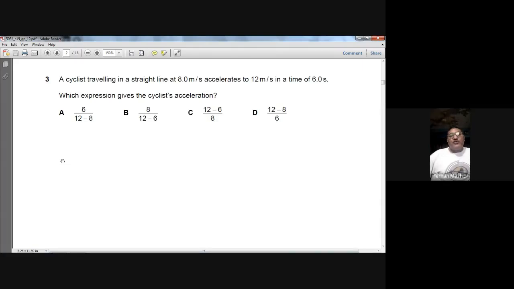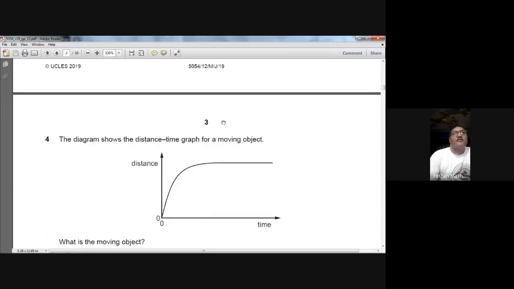Final velocity is 12 minus initial velocity, that's 8, divided by time, that's 6. So it will be (12 minus 8) divided by 6. So D is the choice. You see here, D is the correct option. So for question number 3, D is the option.